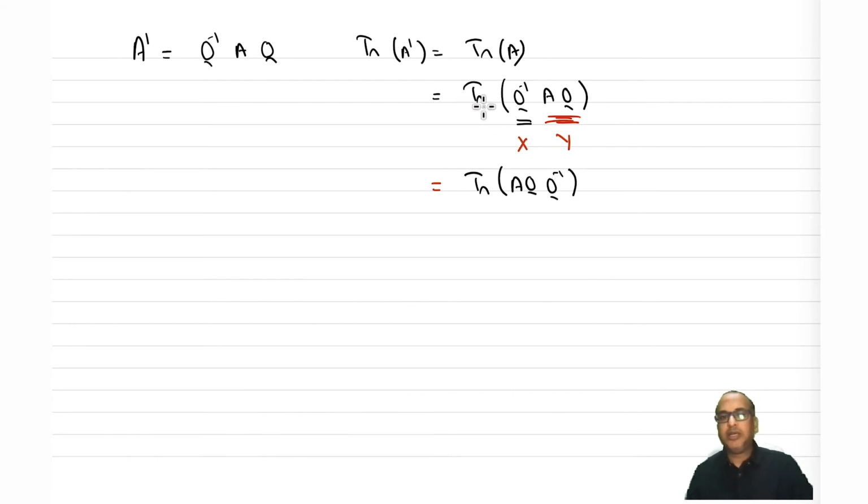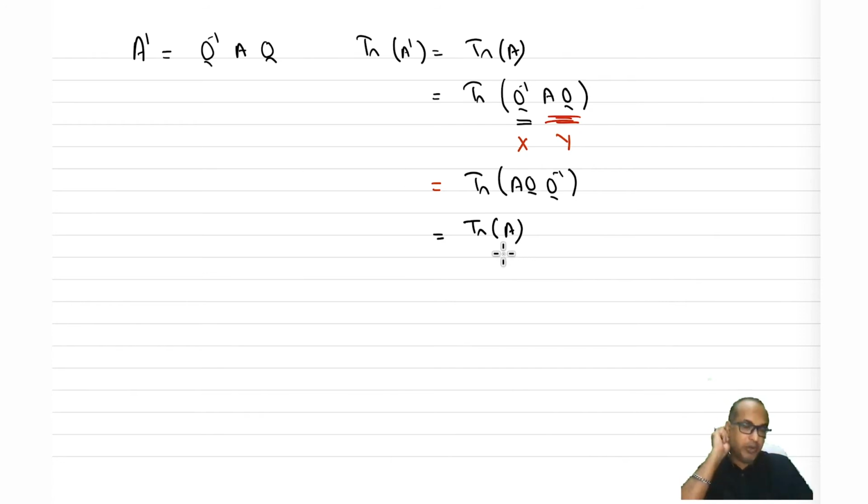We have just now seen that trace of AB is equal to trace of BA. So we can say trace of XY is equal to trace of YX. Now this implies that Q inverse Q will be equal to E. So this will be trace of A. So we have very easily shown that trace of A prime is equal to trace of A.